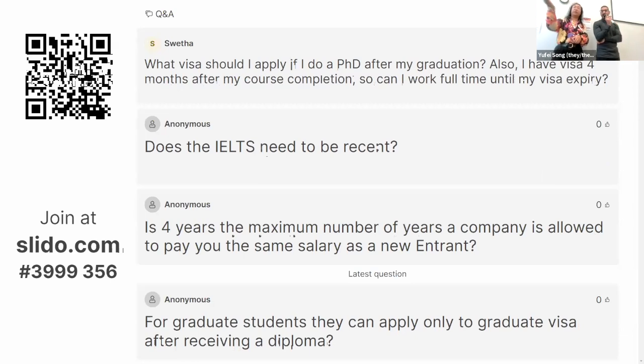So, in regards to what visa you should apply for if you do a PhD after your graduation, there could be two possibilities. Firstly, there's the skilled worker route, which we've explained. After graduation, you can apply for a graduate visa or a skilled worker visa, or if you wish, you can even apply for a global talent visa, depending on PhD completion.